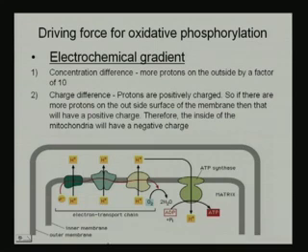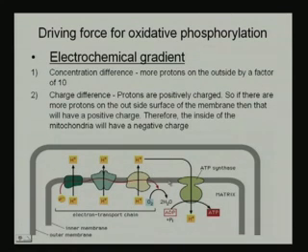Now, you see, this is the electron transport chain. Protons are getting pumped out from inside the matrix to the outside. This is complex 1, complex 2, complex 3. Electrons are being transferred and oxygen is reduced to a water molecule. These protons are being pumped out across the inner mitochondrial membrane to the intermembrane space.